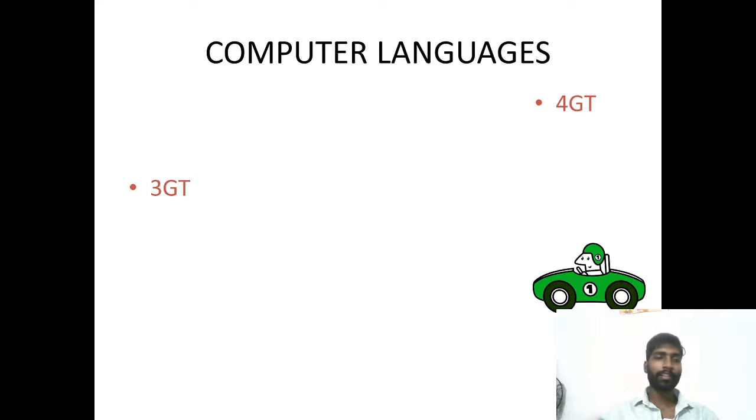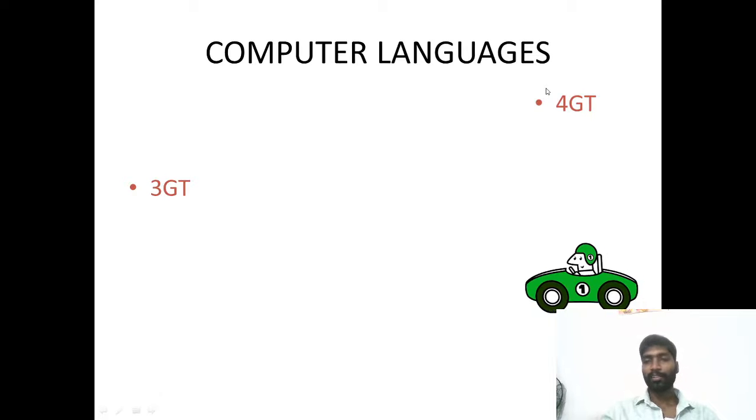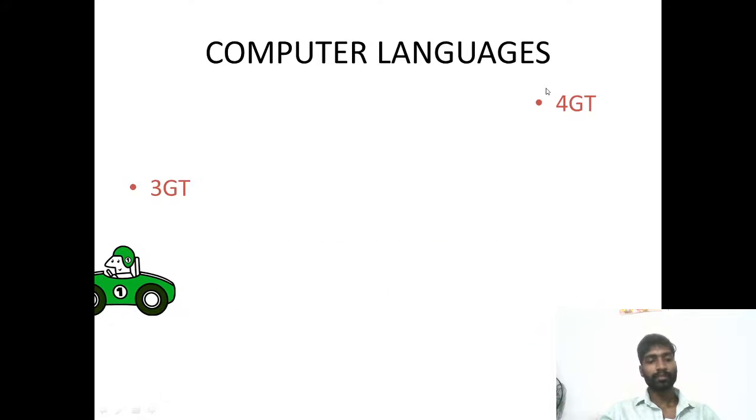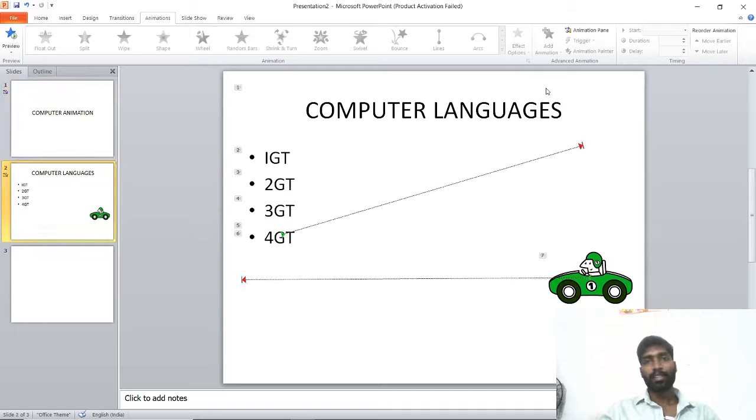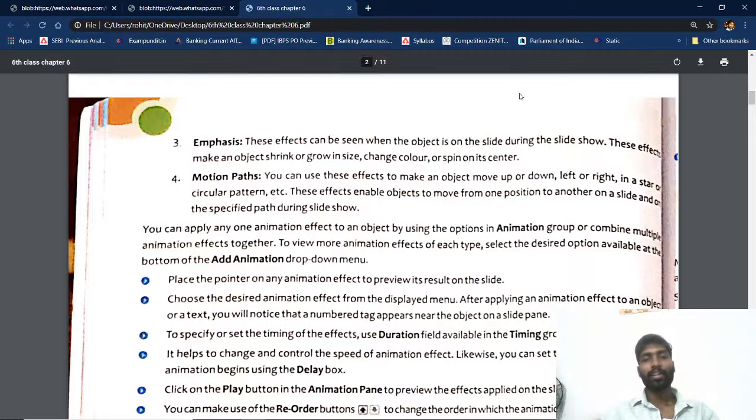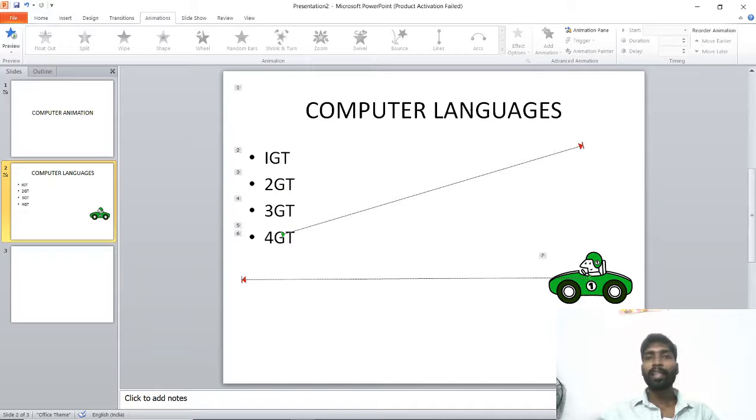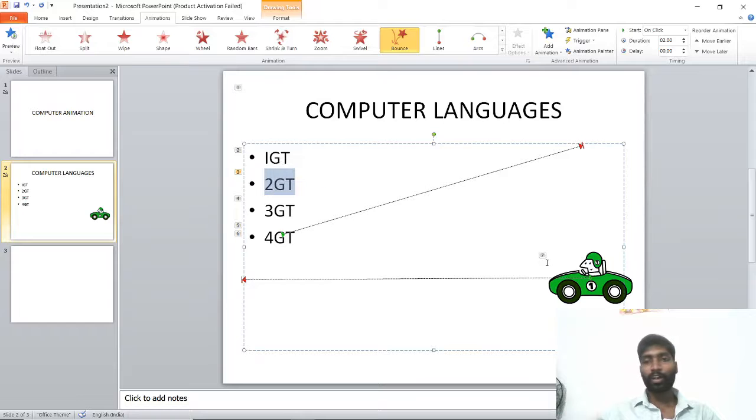See, the 4 we made cross from here to there. So 4 is moving from there to here. Now at last the object. So this is our animation, and after animation there is a transition. Students, if you make animation on the text or object, it is called animation. The same type of thing, if you do it for the slide, is called transition.